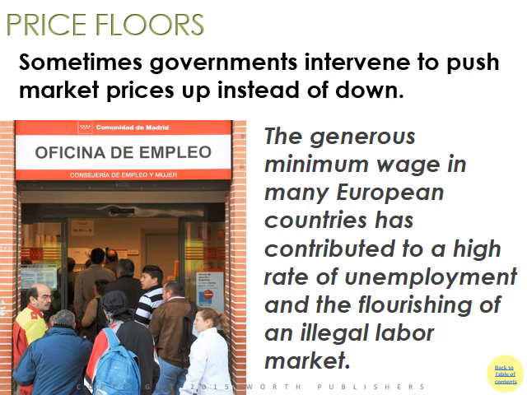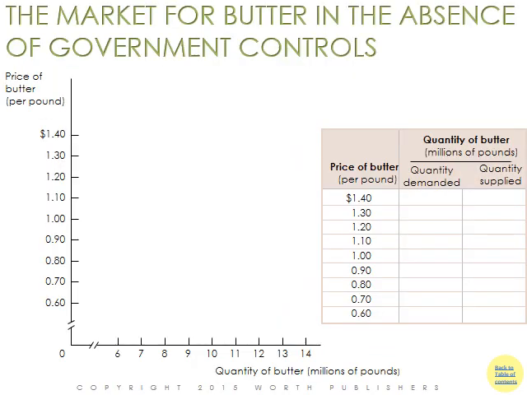The minimum wage is one of the most common price floors that are in existence in most industrialized countries, at least. Another common example of price floors is in agricultural markets. The government comes in and establishes a price floor for milk and other agricultural commodities.